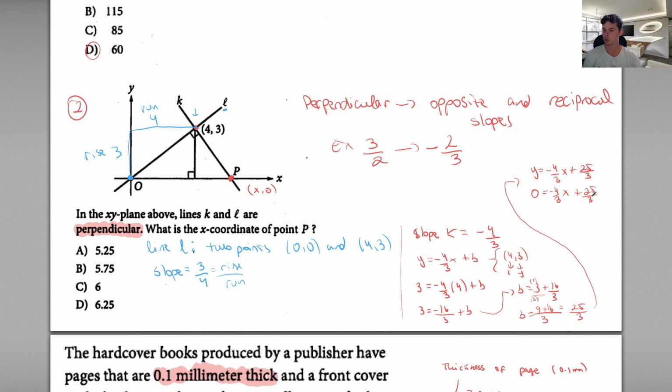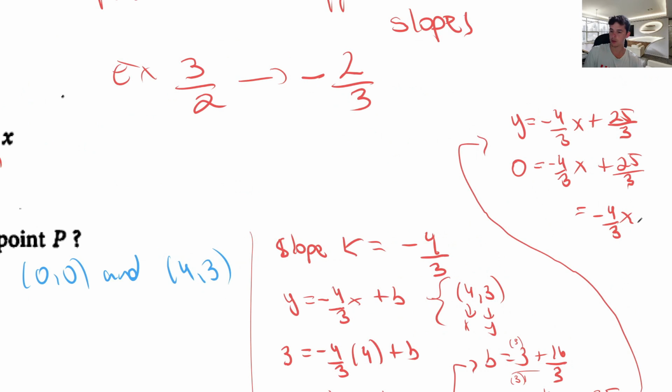Okay, so we can subtract 25 over 3 on both sides, and then we know that negative 4 over 3x is equal to negative 25 over 3. Really sorry about the space. So we can multiply both sides by 3 and divide both sides by 4.